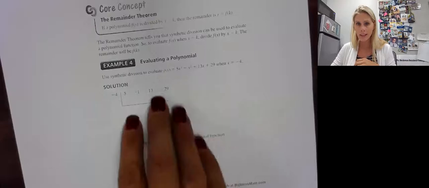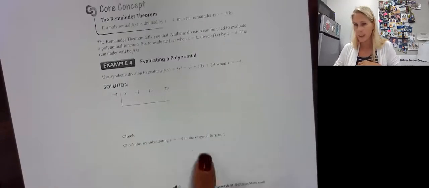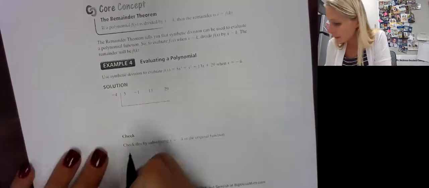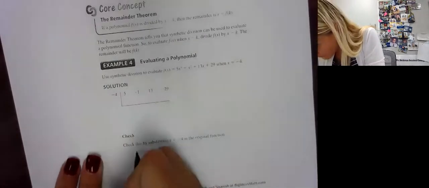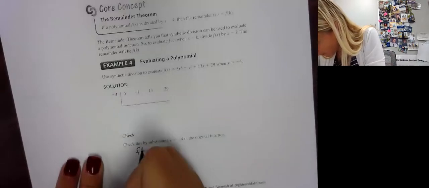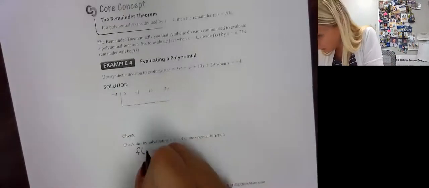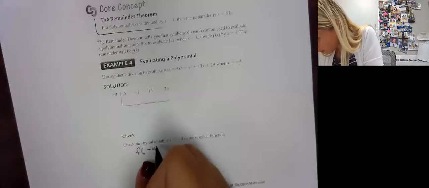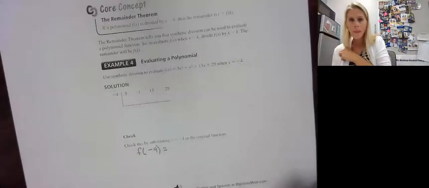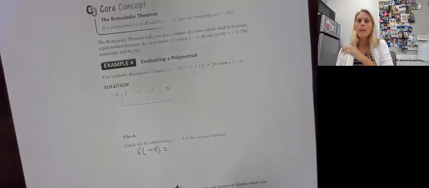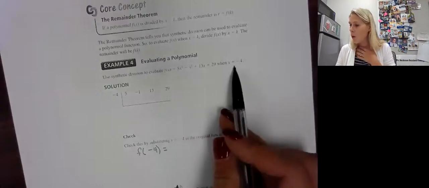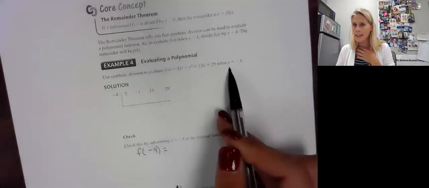Okay, so I'm actually going to substitute right here. So I'm going to say f of k, and k is going to be this negative 4. Now remember, this is in different form. This was x minus k, this is x equals.